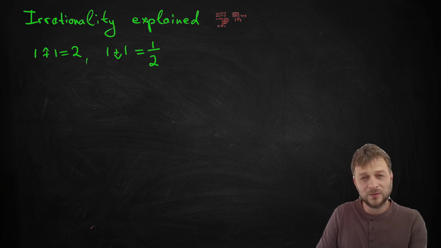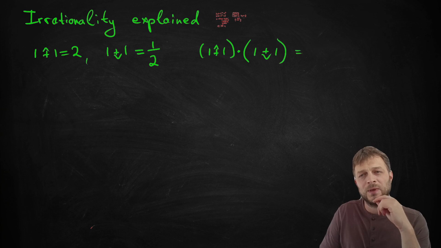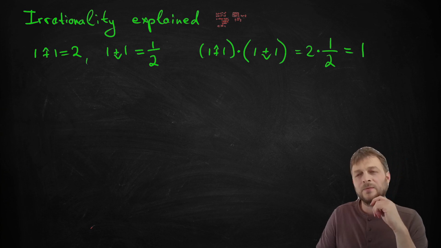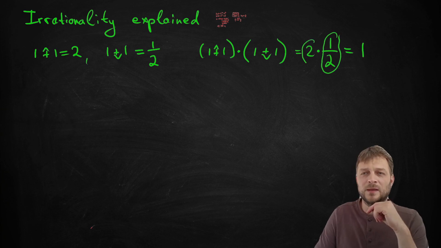What is special about this fraction is that 1 plus 1 multiplied by 1 plus 1 would be equal to 2 multiplied by 1 half, and this is 1. So the fraction plays with this original number and with this multiplication operation. It produces 1.